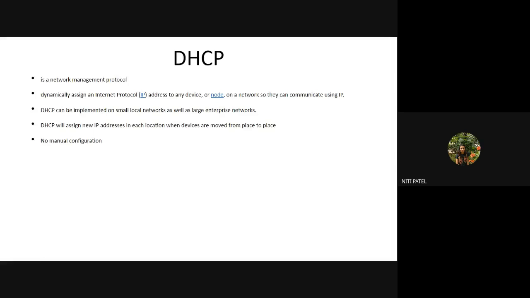Again, it will assign me a separate IP address. So a new IP address is always assigned whenever you change the location of your system or the type of network. The IP address will keep changing if there is a change in the system's location or network.